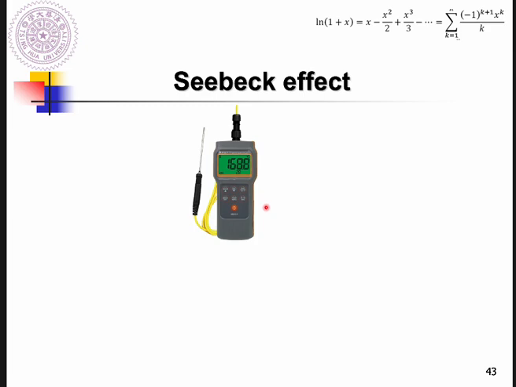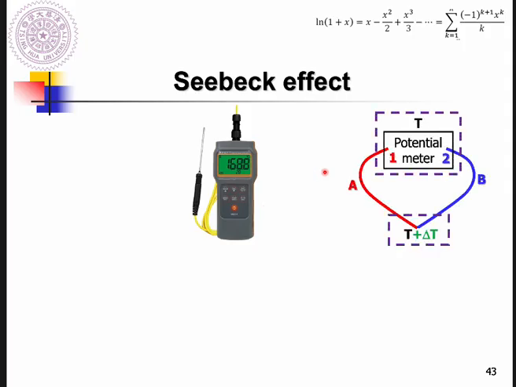But what's the working mechanism inside here? So we try to simplify the circuit as this schematic diagram. What's inside this thermocouple would be we have a potential meter here, and the environment temperature is T. And you can see this sensor actually is composed of material A and material B, and the junction here is the sensing site.